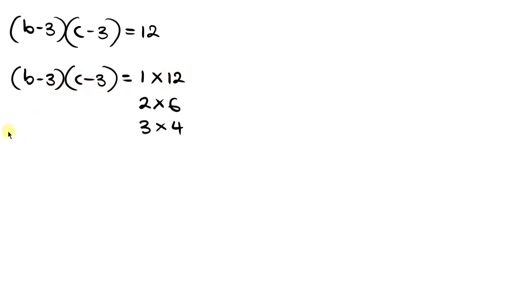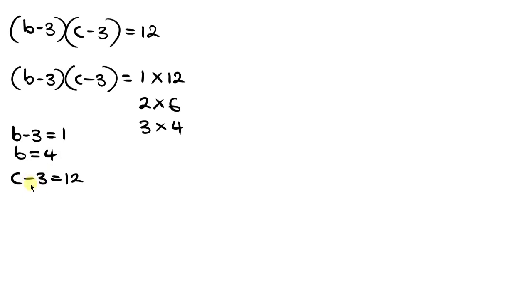So that means B minus 3 is equal to 1, while C minus 3 is equal to the bigger factor 12. So solving this, I'm going to be moving negative 3 to the right hand side, making it plus 3. So 1 plus 3 is 4. So this makes the value of B to be 4.